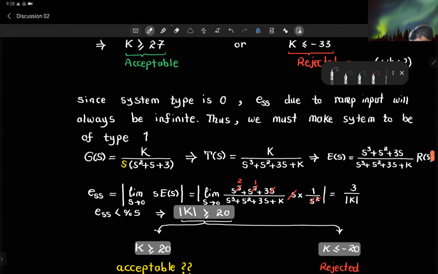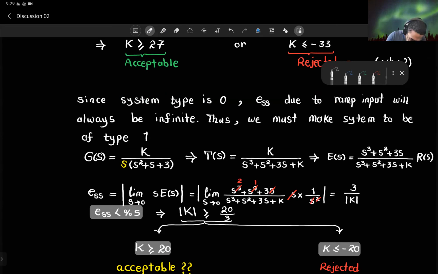So to get a steady state error less than 5%, we need that the absolute value of k has to be bigger than 3 over 20. No, 20 over 3. Yeah, right.